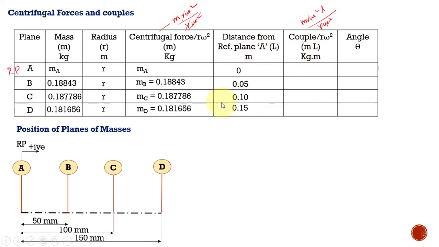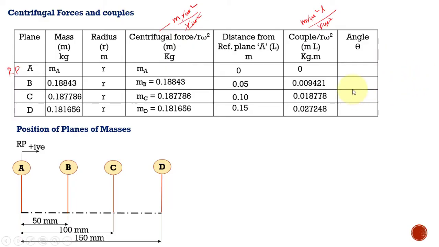Since A is the reference plane there is no distance, so the couple value is going to be 0. For B it is 0.009421, for C it is 0.018778, and for D it is 0.027248.